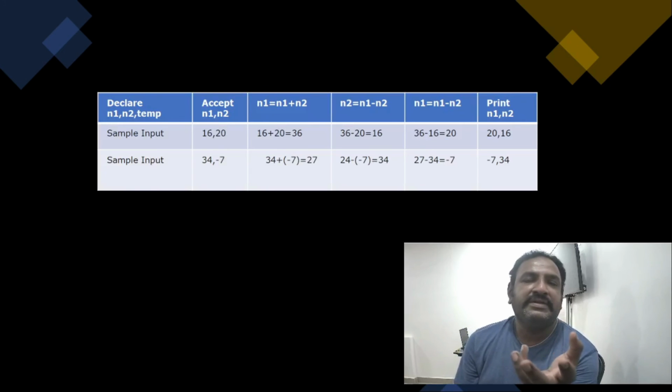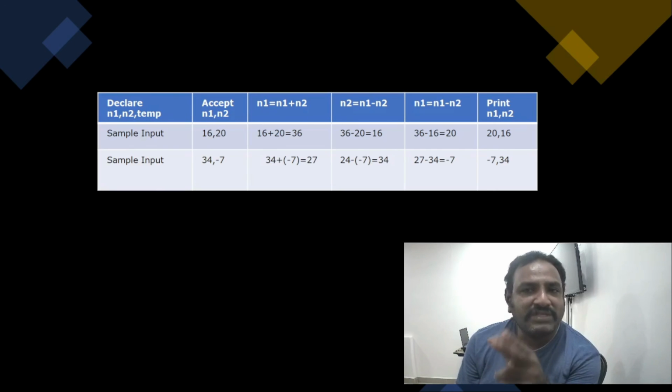Here, the n1 value is 16 and the n2 value is 20. According to the first expression, n1 equals 16 plus 20, it becomes 36. Keep this value inside. And the next statement, n2 equal to n1 minus n2.